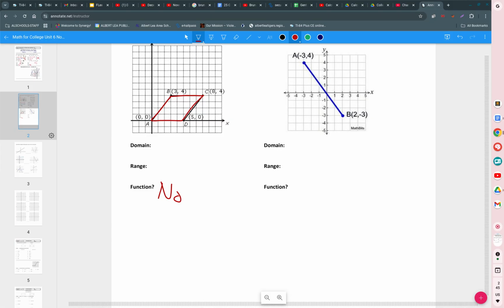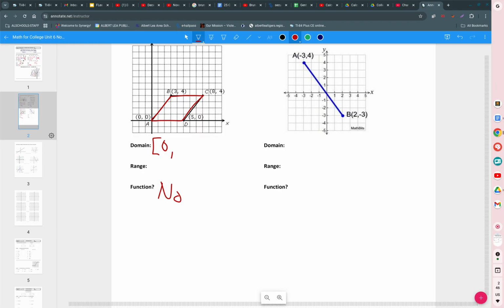So let's watch. When we do domain, domain is x, so it's sideways. As I move from left to right, what's the first x value I pick up? 0. And since it's a connected graph, I have every value in between. So I'm not going to use roster notation. I'm going to use interval notation. So I start with 0. What is the last x value that this shape reaches? 8.